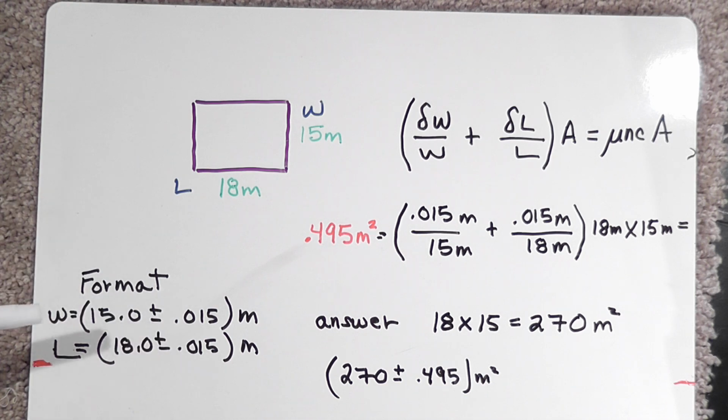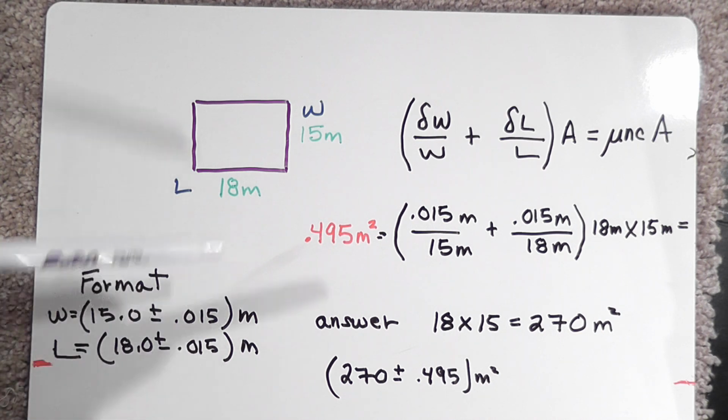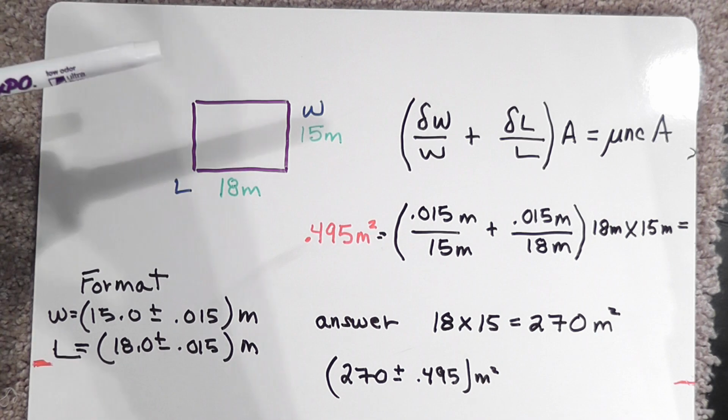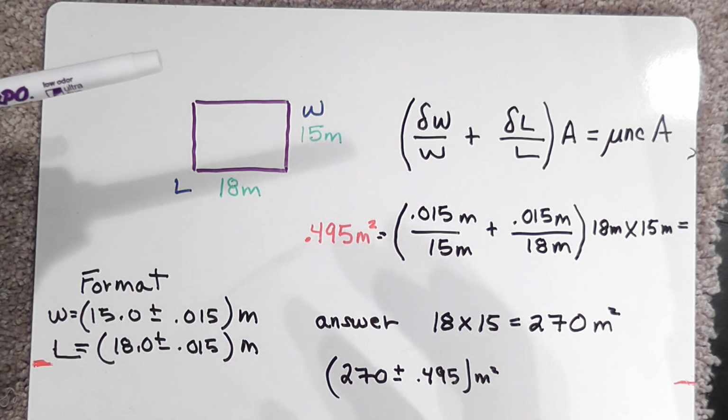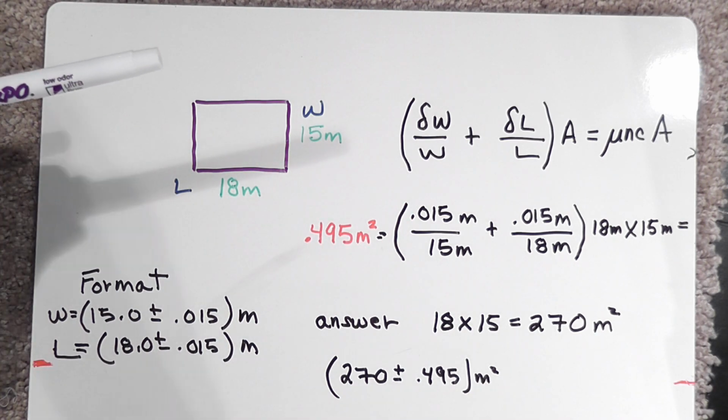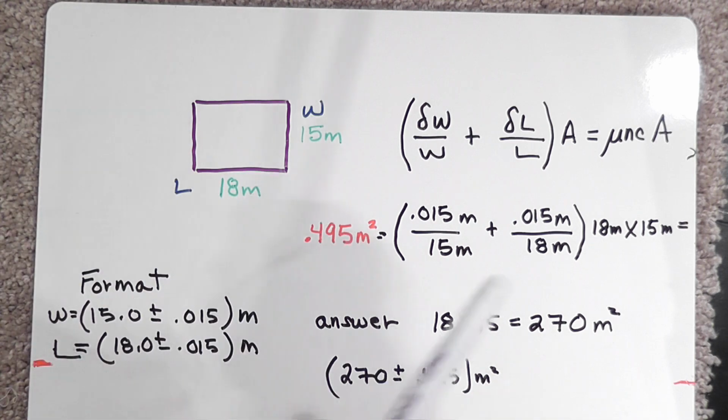So we have the format of the width and the length: 15 meters plus or minus 0.015 meters, and the length, same thing, 18 plus or minus 0.015. What we want to do is find the uncertainty of the amount of area, not the percent in this case. We're just looking at the uncertainty.